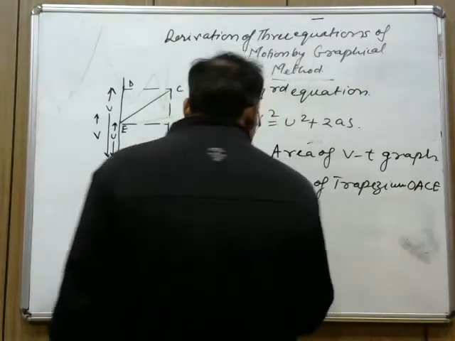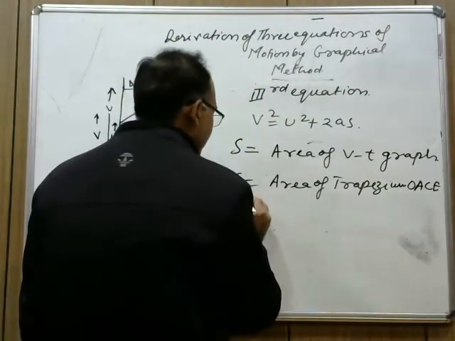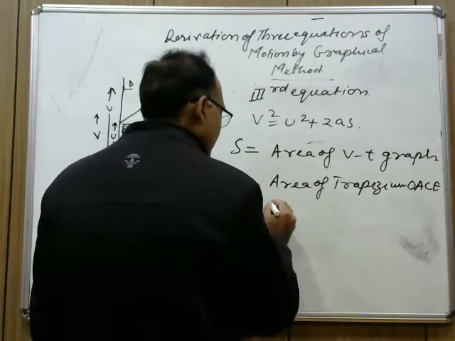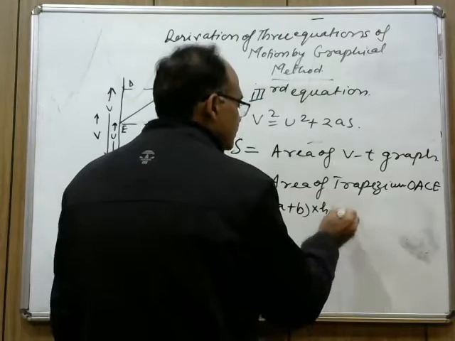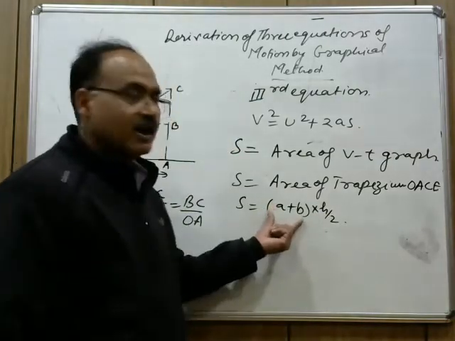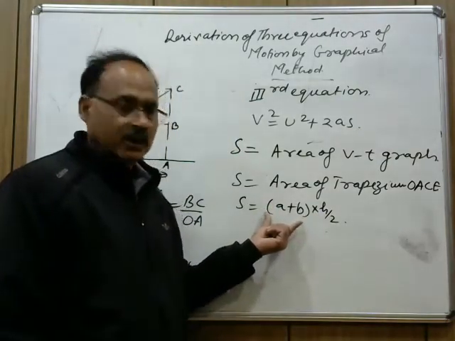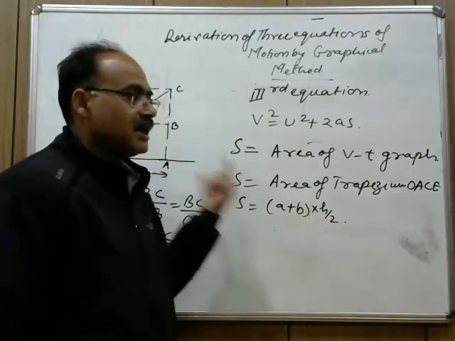Now similarly, the formula for area of trapezium is what? S is equal to (A plus B) into H by 2. This is the formula. A and B are the two parallel sides, H is height.